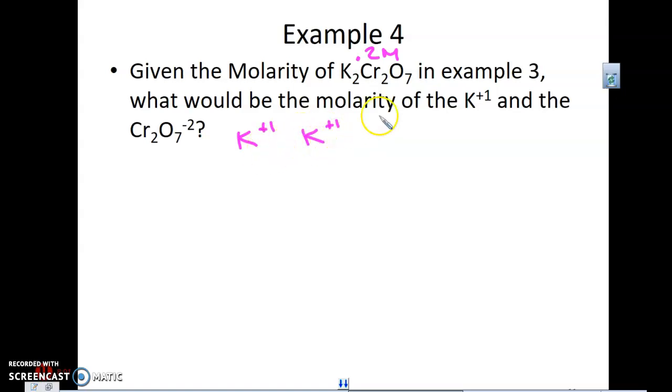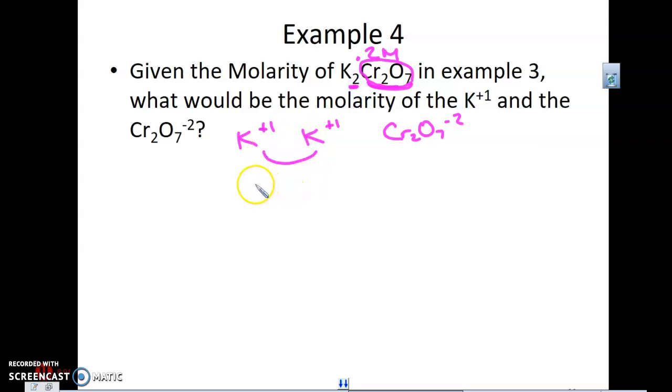I'm going to get double the potassiums. Now, I'll still have just the 1 dichromate. Here's the 1 dichromate. Here are the 2 potassiums. And so, that's why we spent so much time in Chapter 4 just talking about the naming and the fact that this is considered a unit of dichromate. And it has a -2 charge. And then there are 2 potassiums, each with a +1.